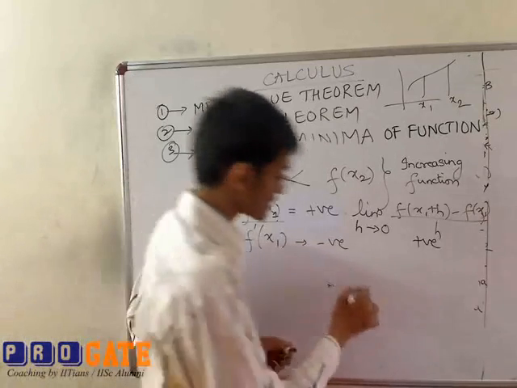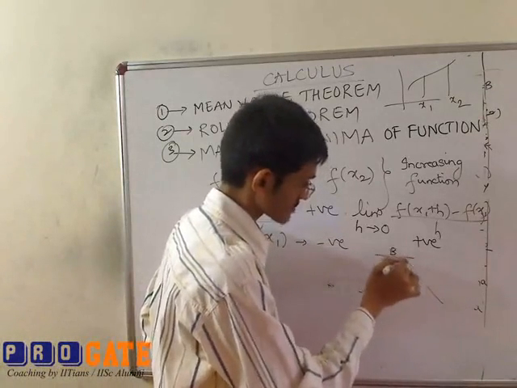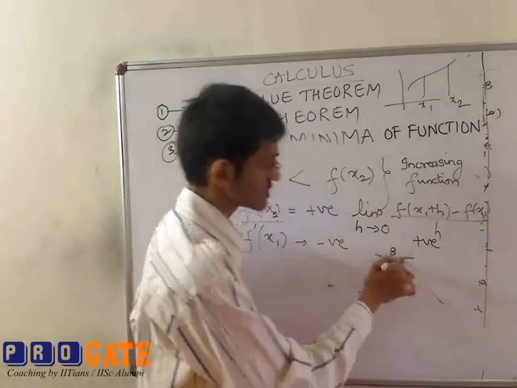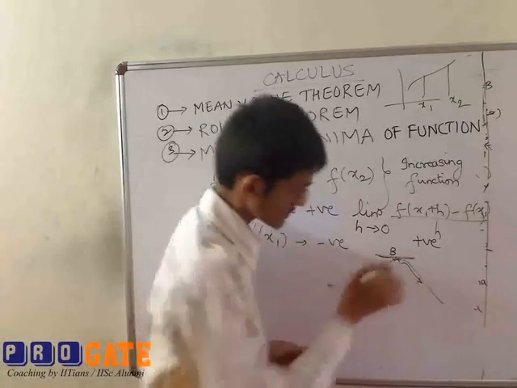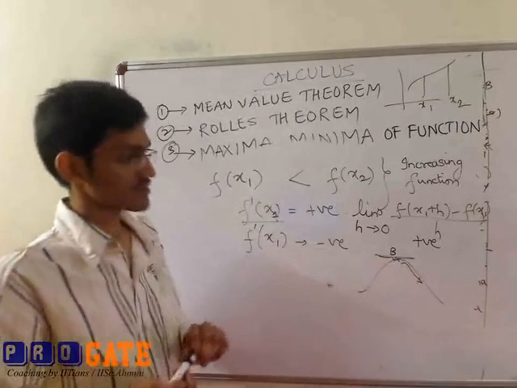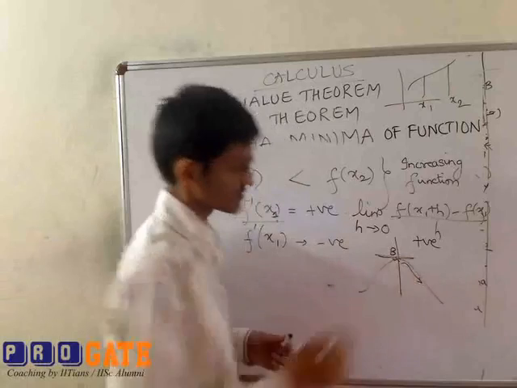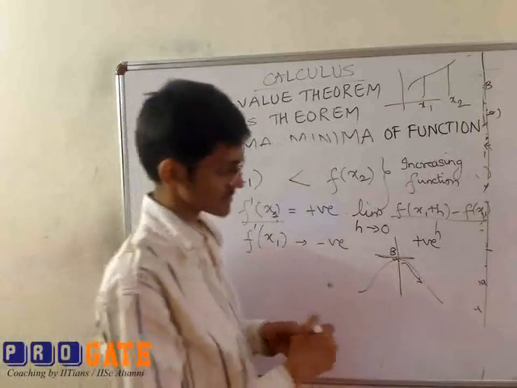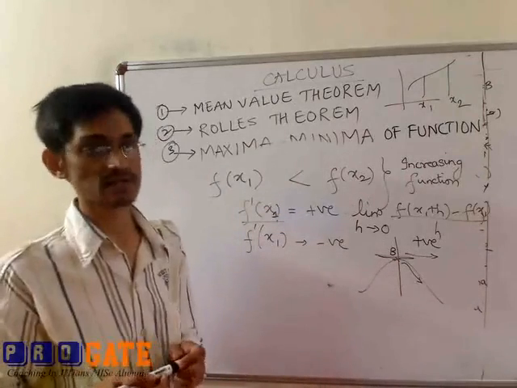Now if you are at the local maxima, say at point B, which is called a local maximum, what would happen? As you move from the local maxima towards the right, what happens to the function value? It decreases.